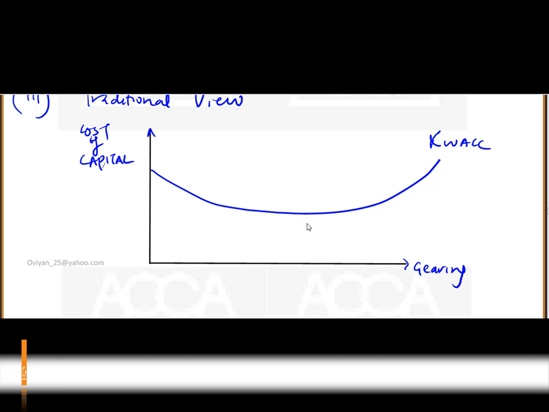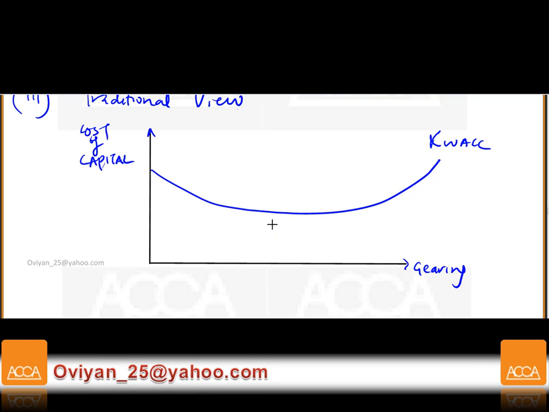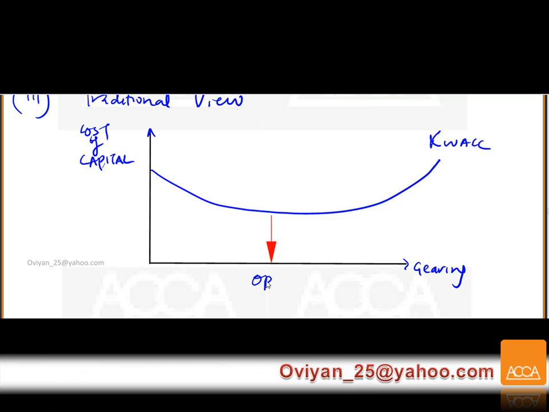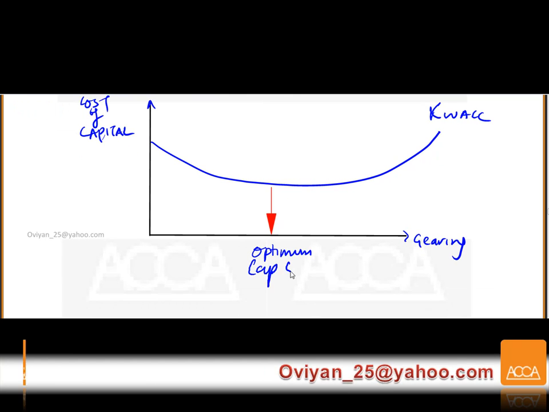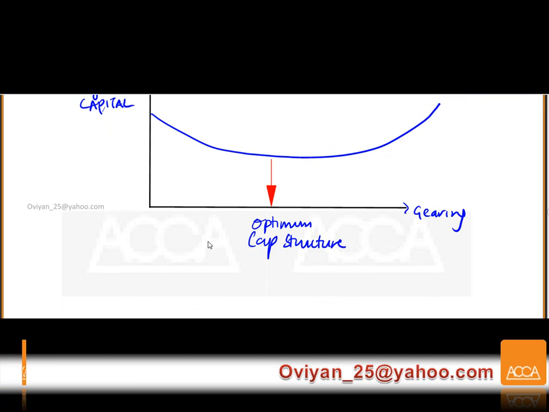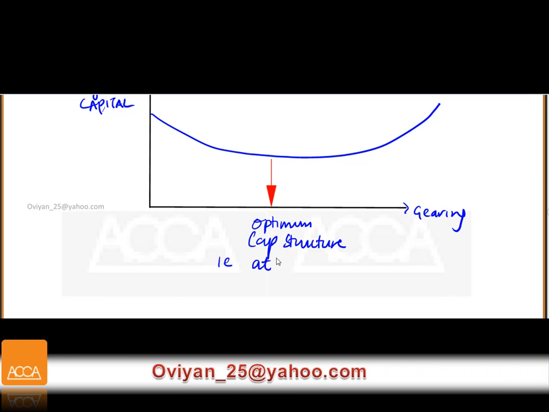It behaves in this manner, where the lowest point is going to be the best optimum gearing or optimum debt level. This is going to be your optimum capital structure, i.e. at lowest WACC.